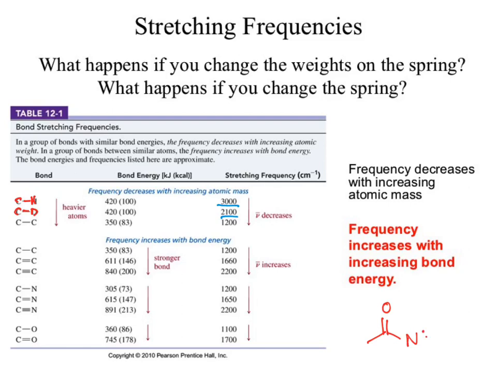What might I expect to happen to the energy of that bond? The carbon-oxygen bond. Should it show up at 1700 like the textbook suggests here? Why not? It's complex, so it should change. Good. I've added an extra atom to it, which could potentially affect it.